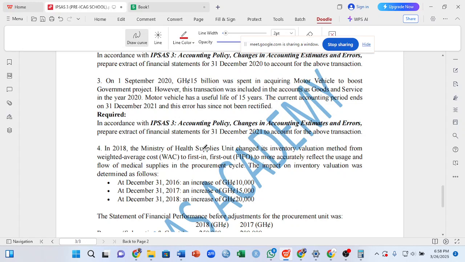The current accounting period ends on 31st December 2021, and this error has since not been rectified. In accordance with IPSAS 3, accounting policy, changes in accounting estimates and errors, prepare extract of financial statements for 31st December 2021 to account for the above transaction.